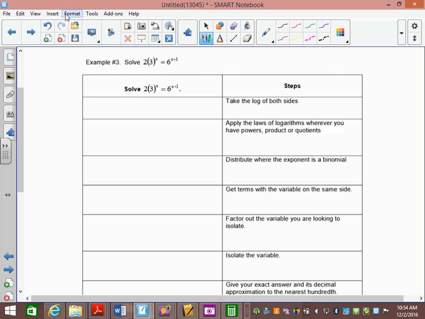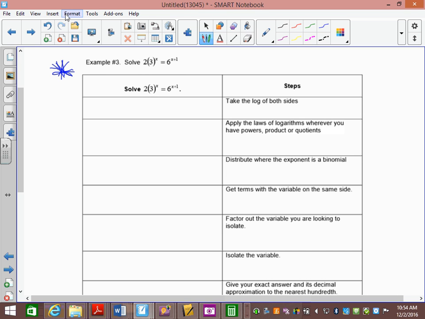Okay, star this one. Go back and do it 8,000 times if you have to. And 8,000 might not be enough, so do it 8,200 times. Okay, learn the steps. So we have 2 bases with 2 separate exponents, and we're asking you to solve it.